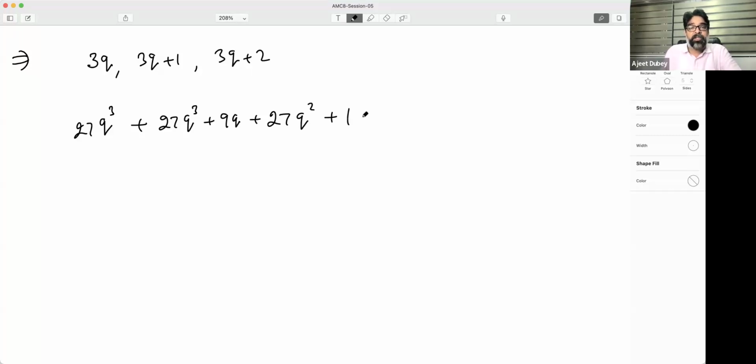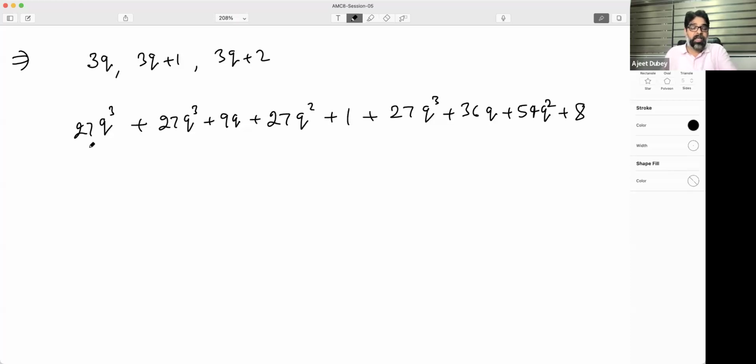And here also if you expand it, you'll get 27q cube plus 3 into this square, so 36q, plus 3 into 9, 27 into 2, 54q square, plus this will be 8.